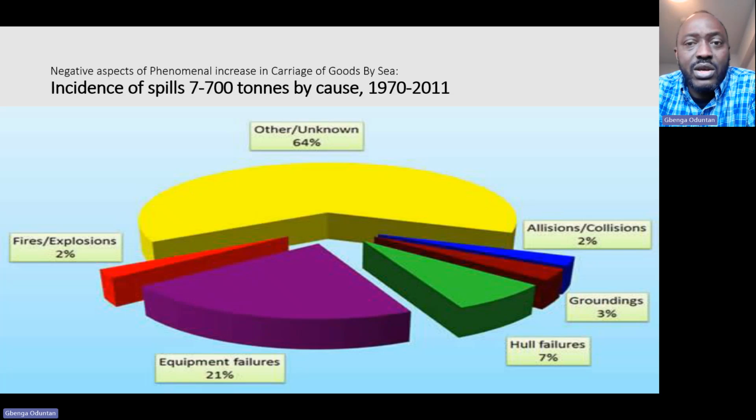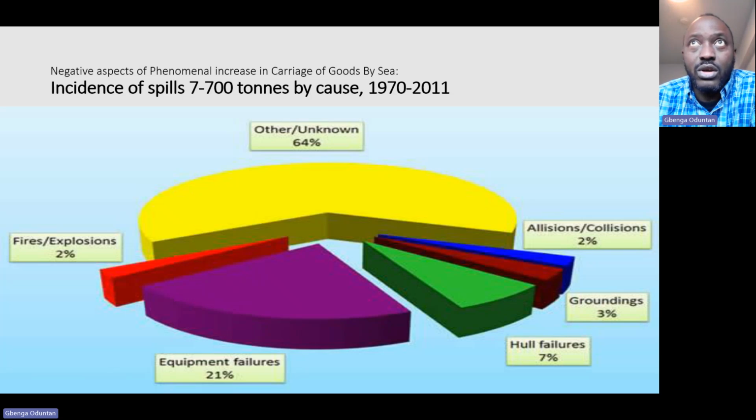Similarly, in maritime trade, or we should say particularly more in maritime trade, because of the intensity of maritime transportation, one clear way in which another negative side of things can be discussed is pollution of the seas. We wouldn't stay on that topic for long, but it suffices to say that pollution is increasing.